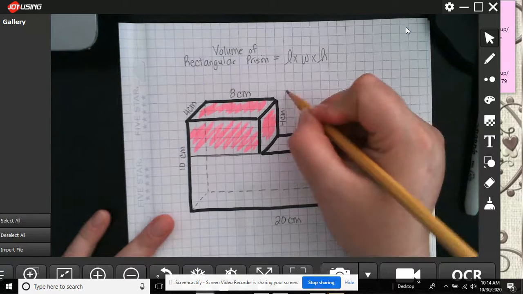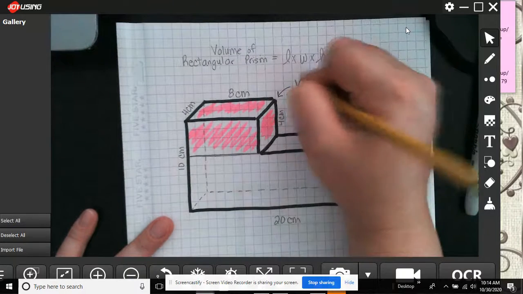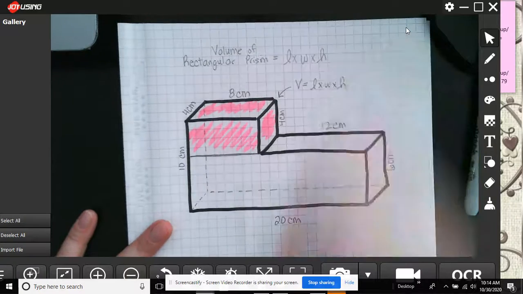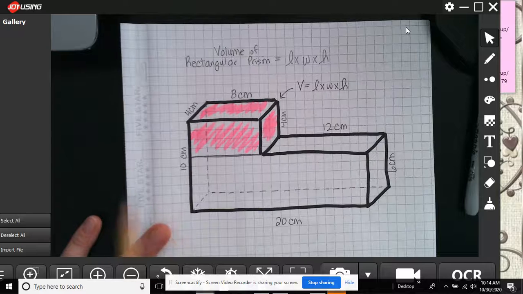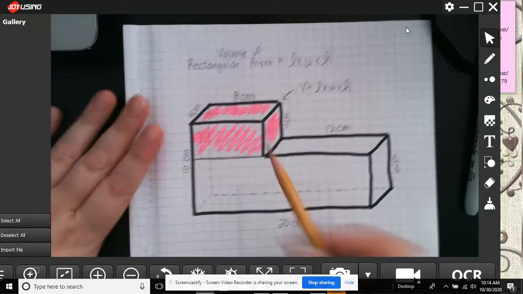So I need to find the volume for that one up top. So volume is still length times width times height. I think of length as going horizontal or back and forth. Again, they're interchangeable because of the commutative property.